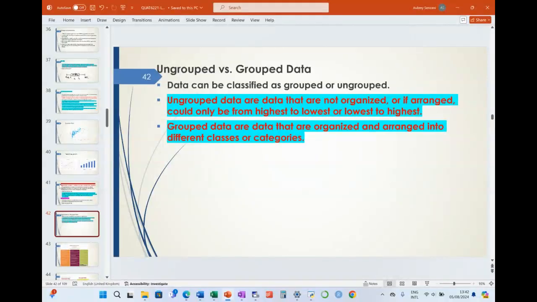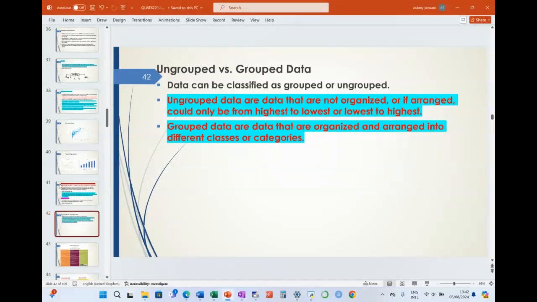That's it. Grouped data, however, are organized and arranged into different classes and categories. So you remember when we said 20 to 29, and 30 to 39, and 40 to 49, that was grouped and organized. Does that make sense?